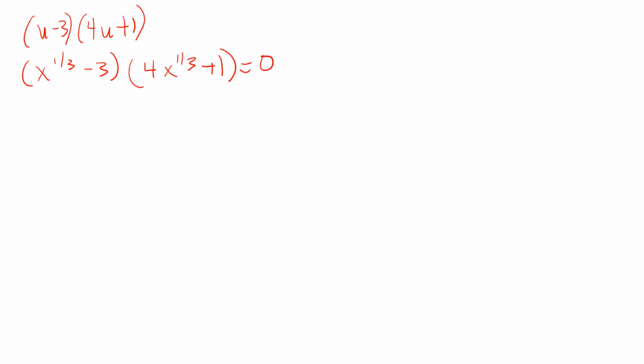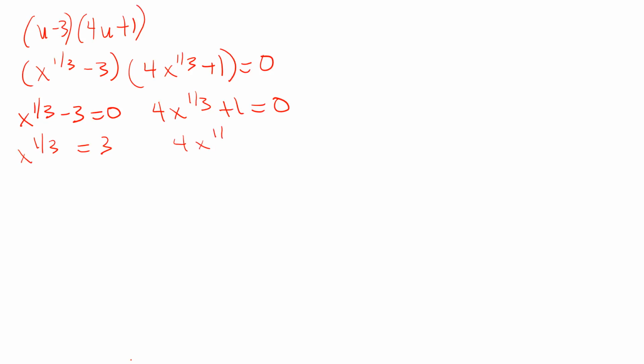Now I set each factor equal to 0 and solve. For x to the 1/3 power minus 3 equals 0, I add 3, so x to the 1/3 equals 3. Over here I subtract 1, so 4x to the 1/3 power equals negative 1.